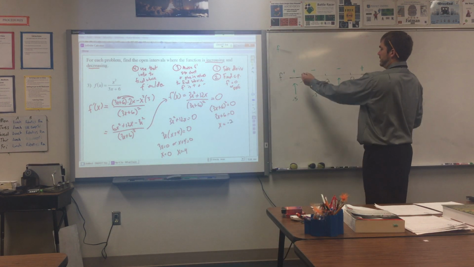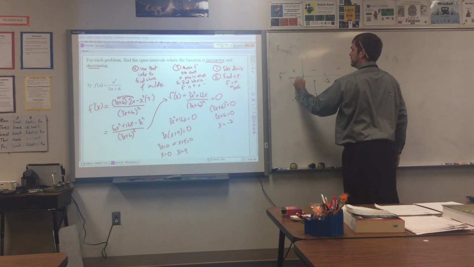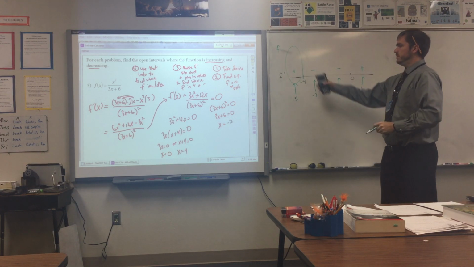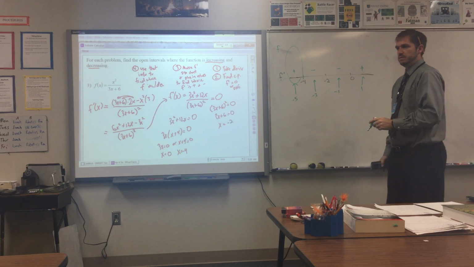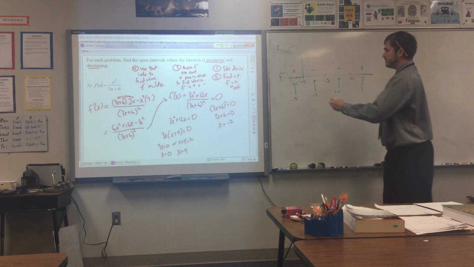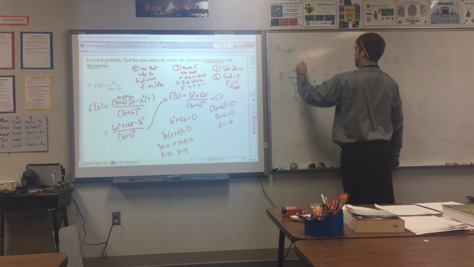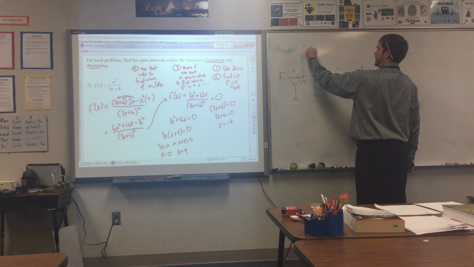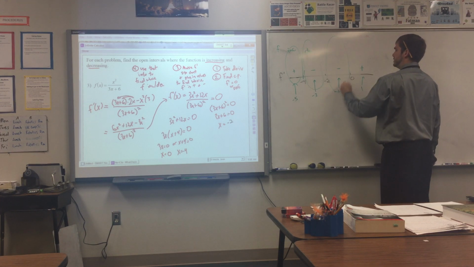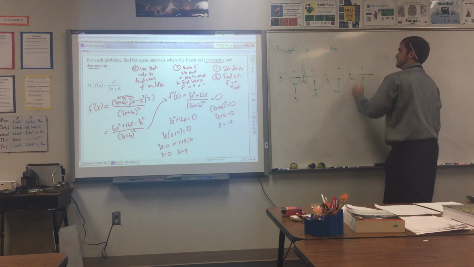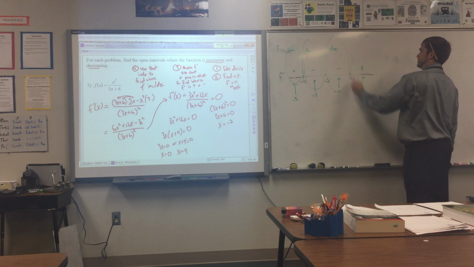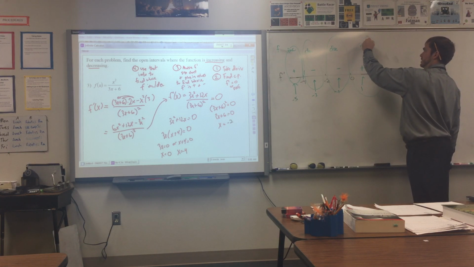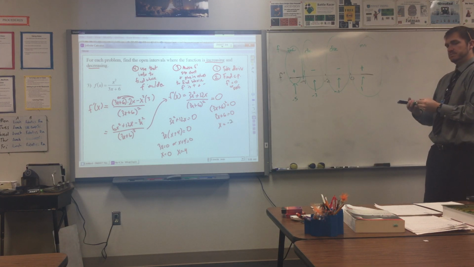So, in this region right here, where the derivative is positive, what is f doing? It's increasing. In this region, it's decreasing. In this region right here, decreasing. And in this region right here, it's increasing.